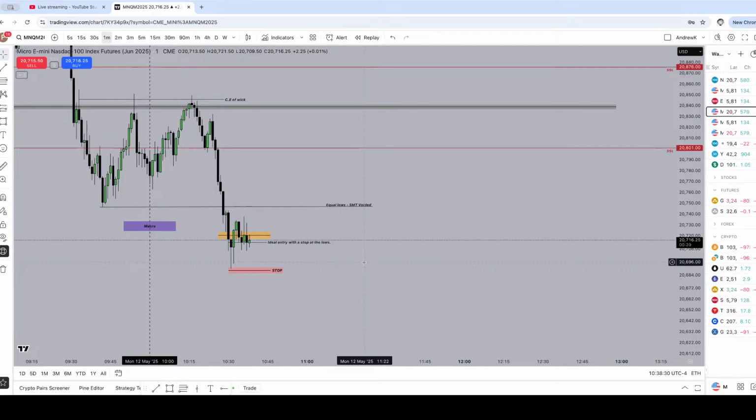Some notes: I probably would have waited for more confirmation. Ideally, this is getting choppy outside the macro. After 10:30 is an ideal time too, but this is why this is just mental notes, and we're not pushing the button, because we need a little bit more intel. But for me, this is a lower risk entry.